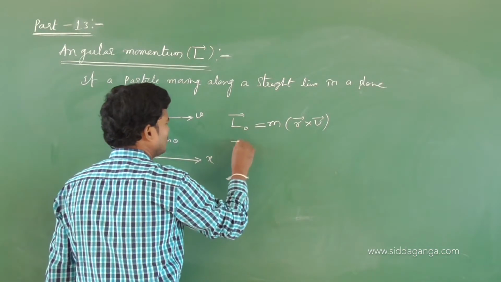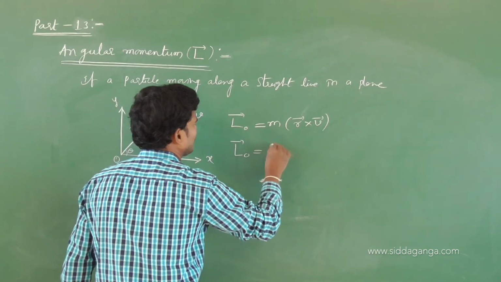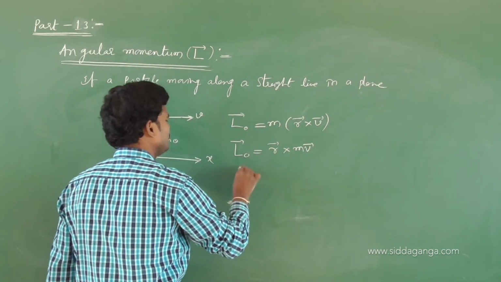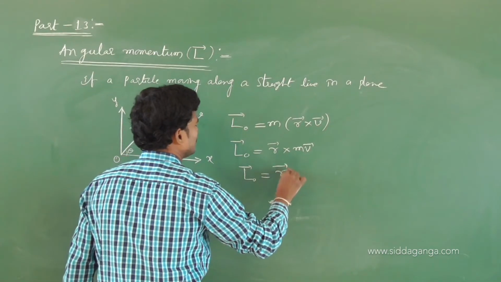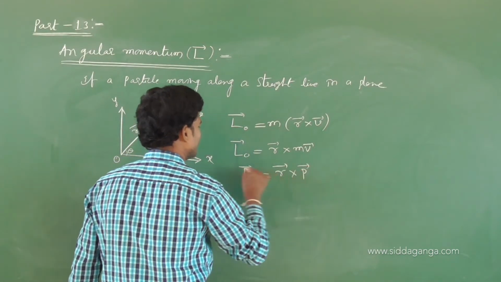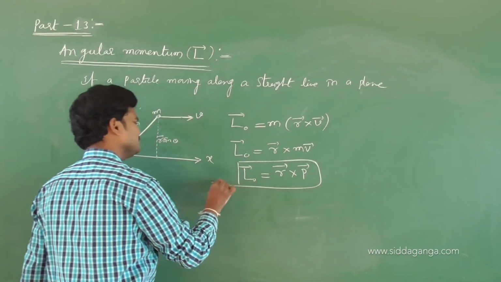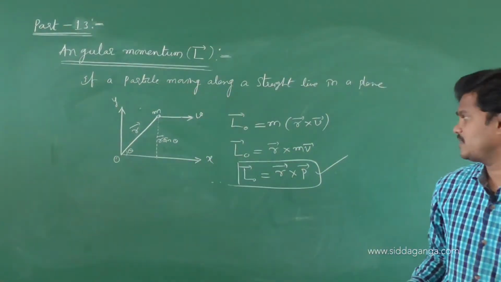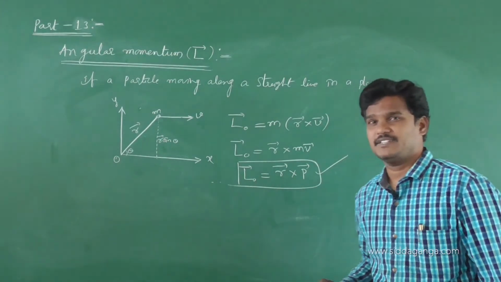We can write L bar equivalent to r bar cross m v bar, so L about O is r bar cross p bar. This is the angular momentum equation. r bar cross p bar is r p sin theta.